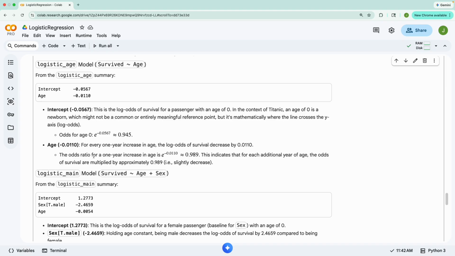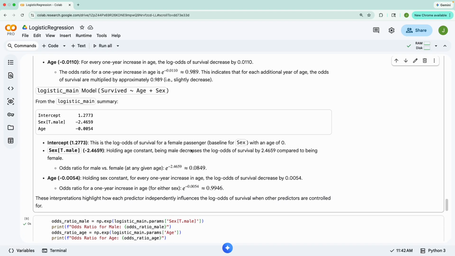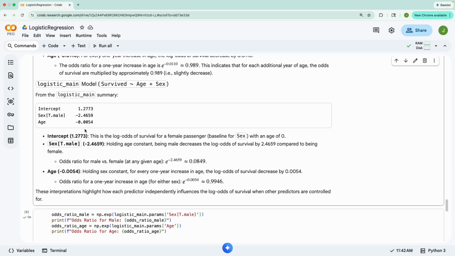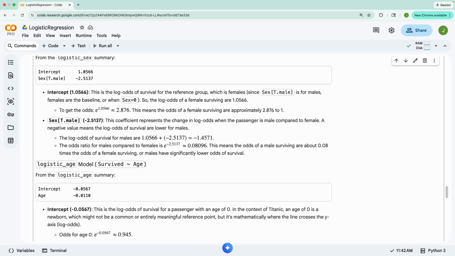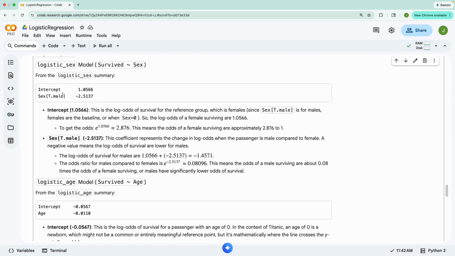If you just used an age model, it would say the odds ratio for a 1 year increase is 0.98, which means that for each additional year of age, the odds of survival is multiplied by 0.98, meaning you're going down in your survival odds just slightly. Then you could do this for the main effects model with 2 variables, but again, the model that we would use here is just this one, and that choice was made off of the p-values.